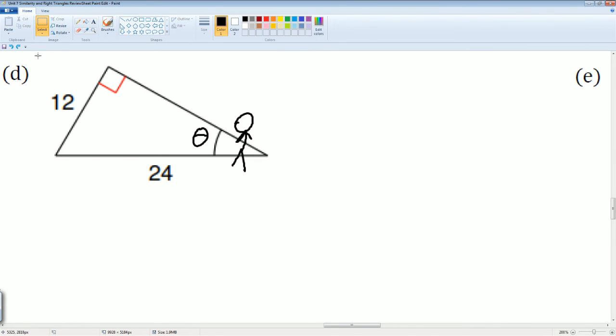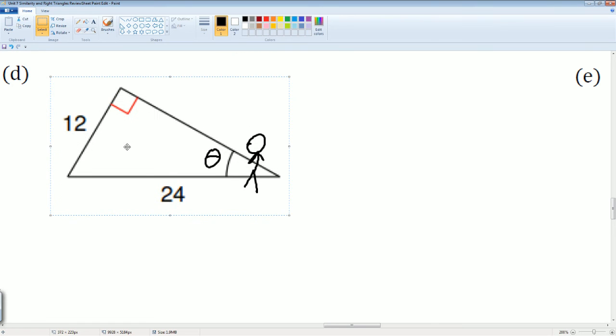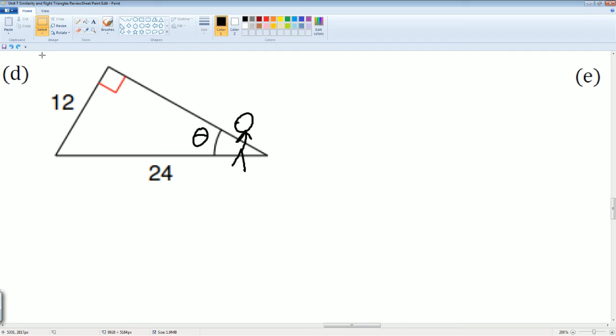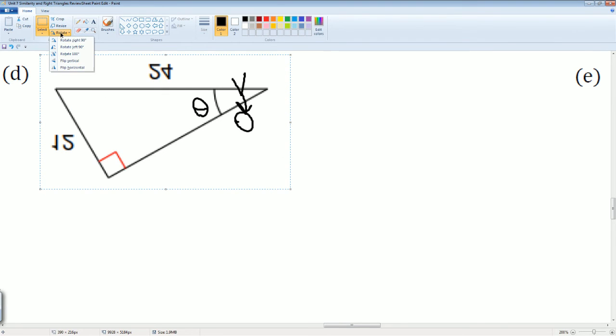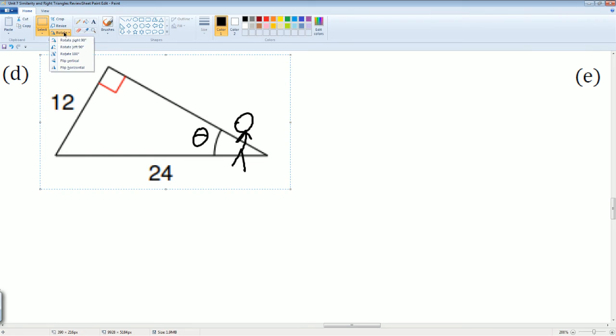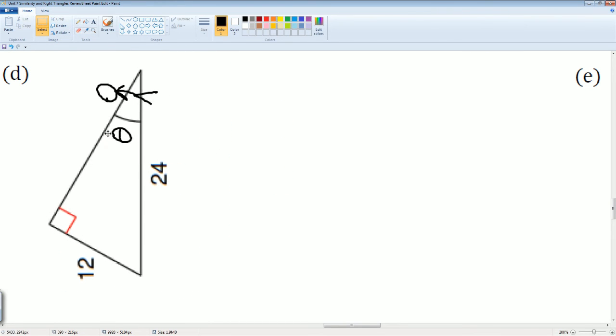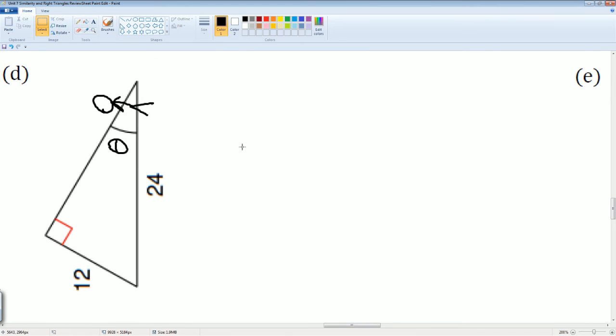A lot of people think it is, but if I rotate this from that point of view, let me rotate it another way so you can see it. Do you see how it's really the person's up here? So let me just flip the numbers really quick.